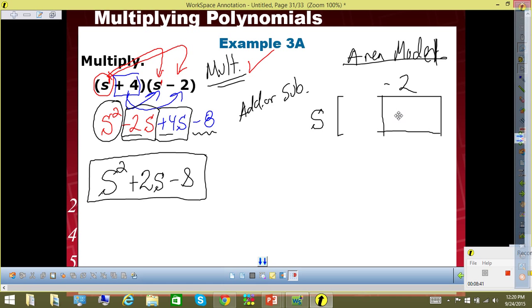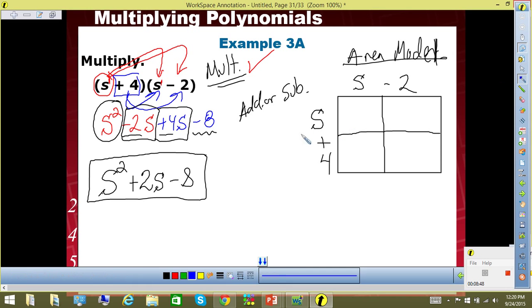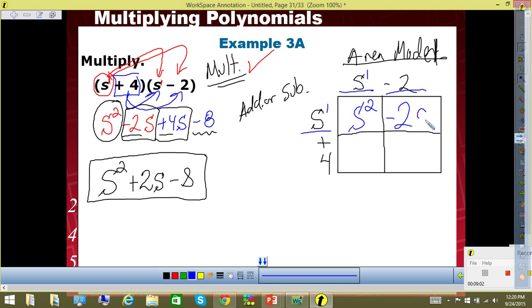Do you guys see it? Okay. All right. So that's why I go like this. S times S. What happens to the exponents when we multiply? We add, so this is S squared. What is S times negative 2? Negative 2S.